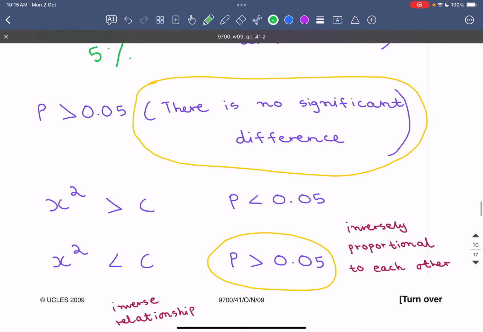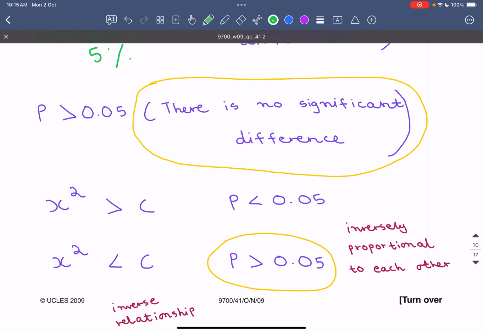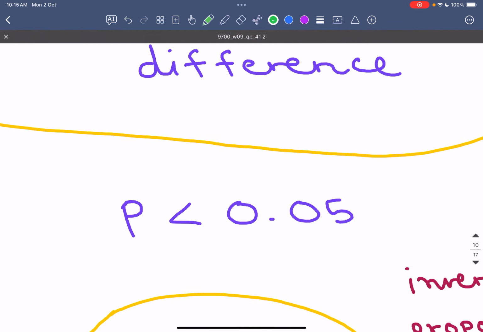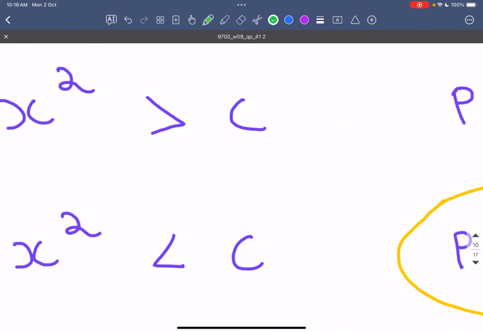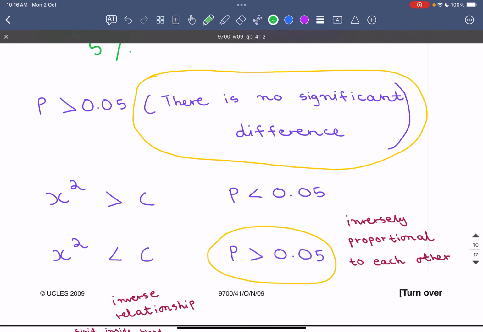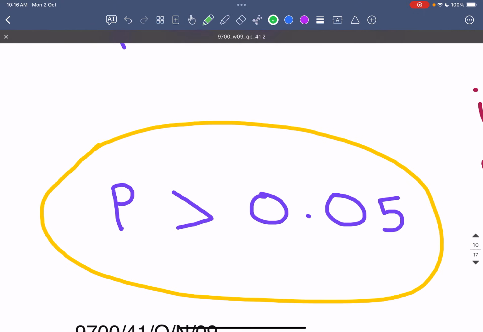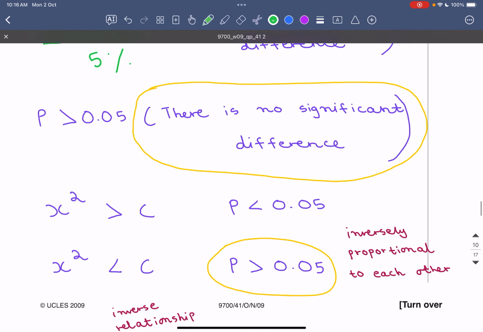And when our chi-square value is greater than our critical value, our probability will be less than 0.05 or 5%. And when chi-square value is less than critical value, our probability will be greater than 0.05 or 5%, which is the case in this question.